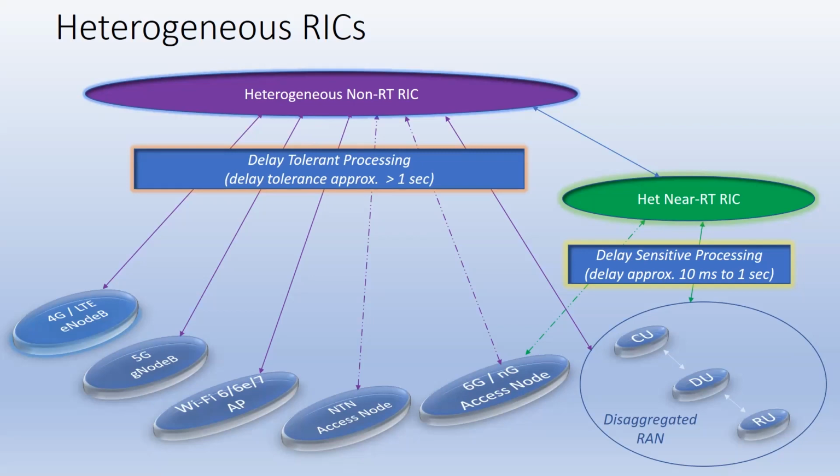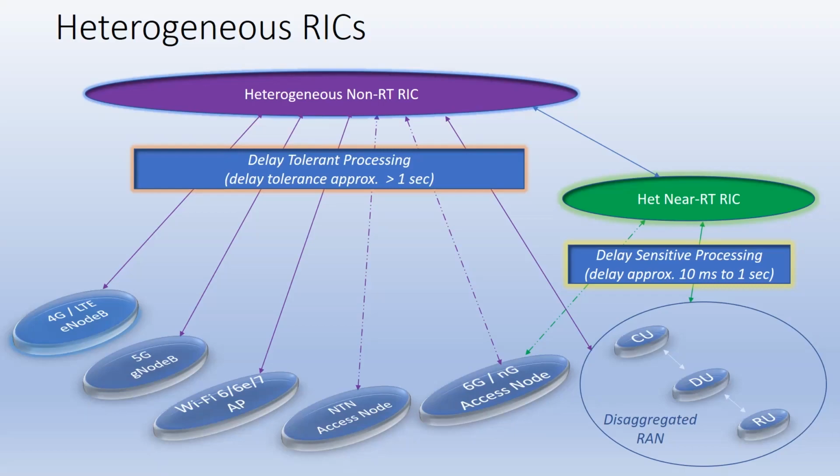And you could have a heterogeneous non-RT RIC or a heterogeneous near-RT RIC, depending on latency sensitivity. If the optimization really needs much lower latency, we would just do it in the end nodes itself. And if you can lift it up, you could go to either the near-RT RIC or the non-RT RIC.